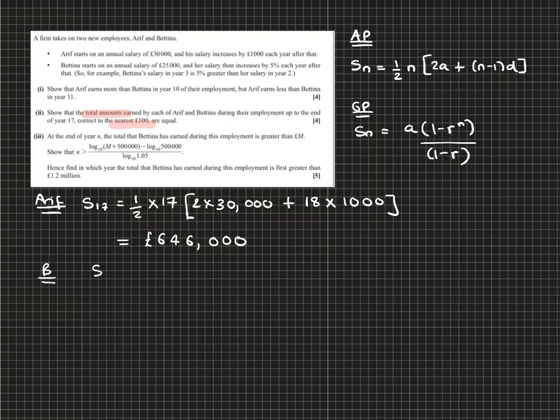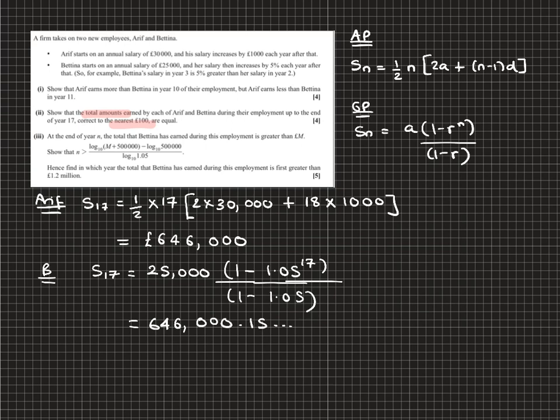Now for Bettina, S_17 is equal to 25,000 multiplied by (1 take away 1.05 to the 17), all divided by (1 take away 1.05). Input that into your calculator and you find you get 646,000 and 0.15... So if we round this to the nearest whole pound, that's also 646,000. So we can see that the amounts are equal.